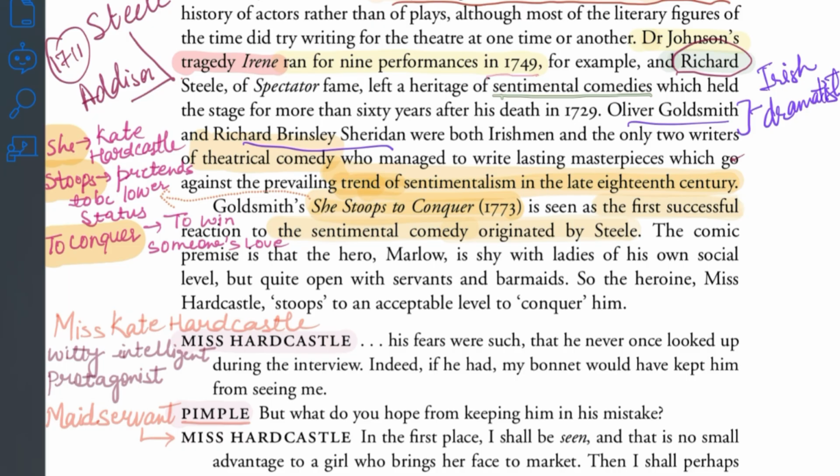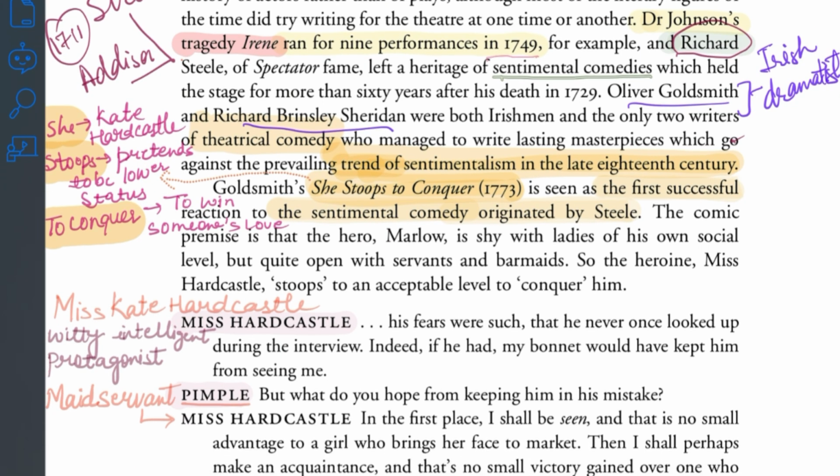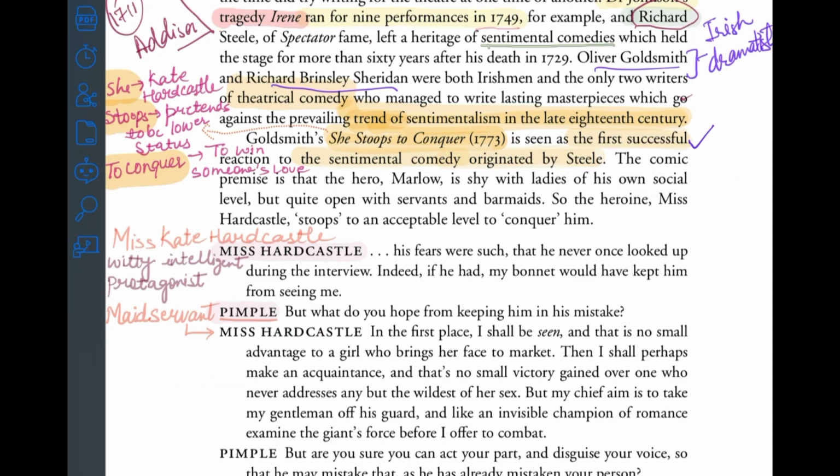Why did they bring this? She Stoops to Conquer became the first successful reaction to sentimental comedy, and it was so successful in 1773. It didn't focus too much on morality or emotions or idealized characters, but people used to laugh, while sentimental comedy tried to make them more serious and emotional.